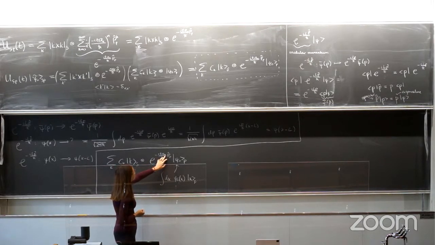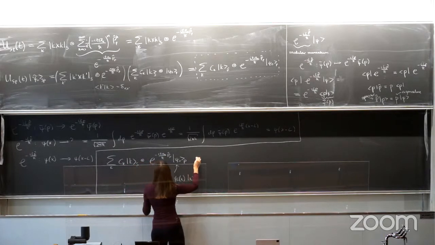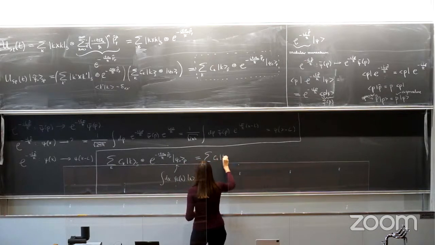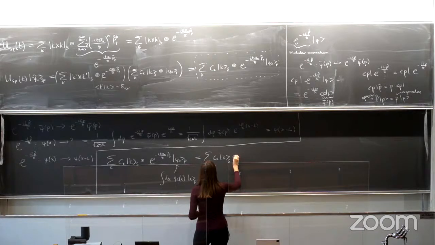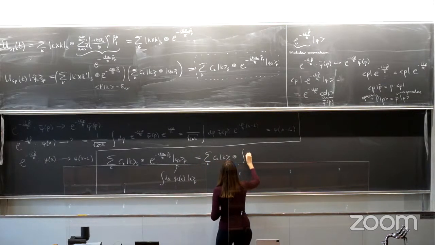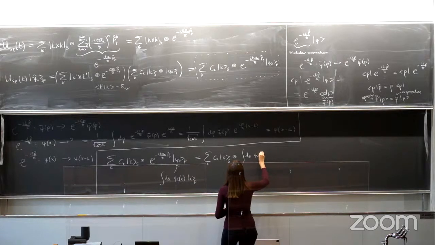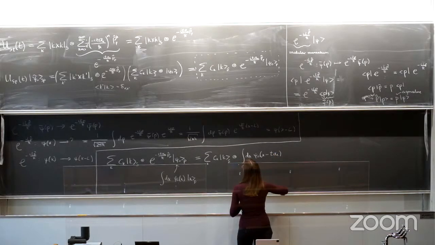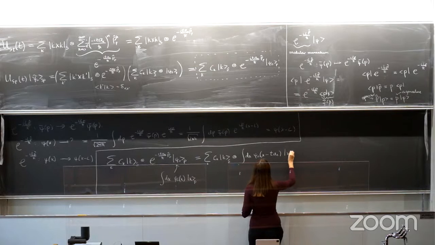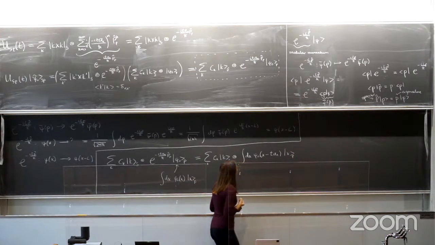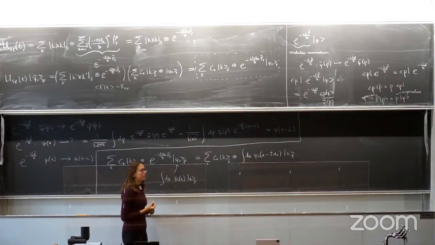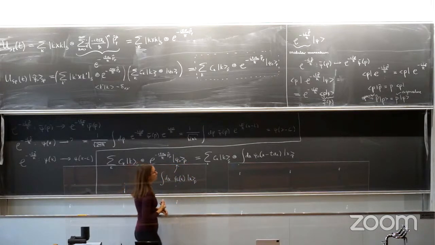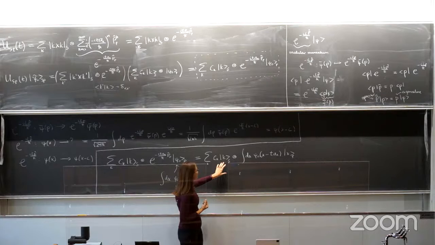So basically what we get here is the sum over k, ck, |k> on S, tensor product, integral over x, psi 0 of x minus tak, |x> on P. So in the end, we come to a somewhat similar conclusion as in the lecture, but here we see that in this case, we couple the states |k> on the system S to the shifts in the position.